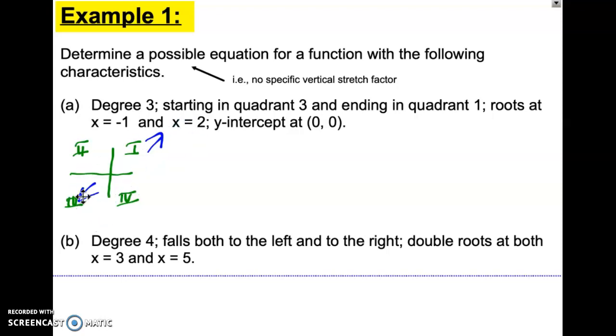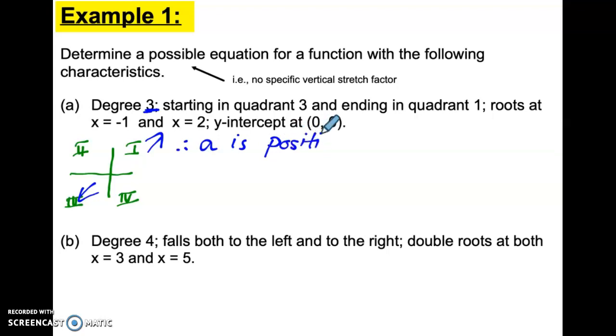It's good that it has opposite end behaviors because it is degree 3, so we would have expected that. Going from quadrant 3 to quadrant 1 means that our a value is going to be positive, because we need a positive leading coefficient in order to have these end behaviors.